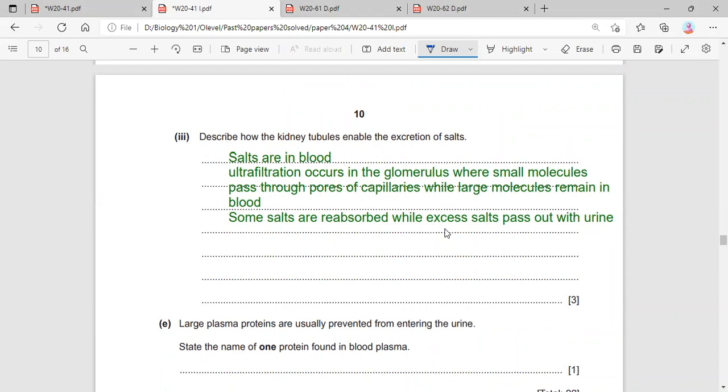Ultrafiltration occurs in the glomerulus, where the small molecules pass out of the pores of the capillaries, while the large molecules remain in the blood. After they pass out, some of the salts are reabsorbed back to the blood by active transport, while the excess salts pass out with urine out of the body. So this is the process of excretion.